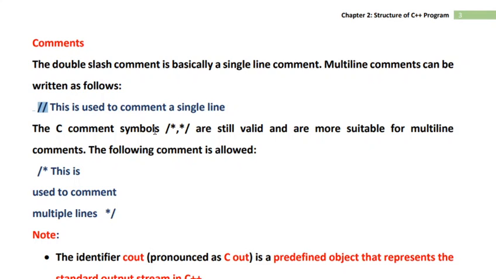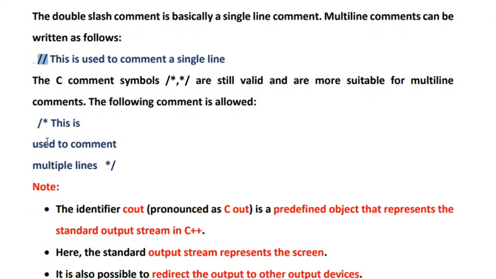But if you want to comment multiple lines, you can use this particular symbol, slash star and star slash. This is used for commenting multiple lines. So if you want to comment multiple lines in a particular program, you can use this notion. So there are two ways in which you can comment.